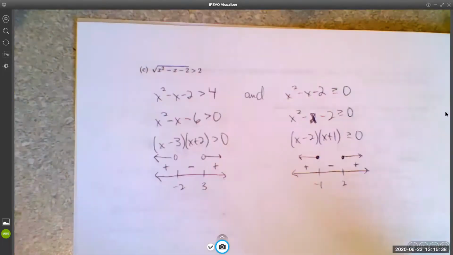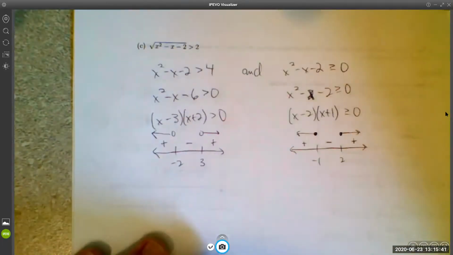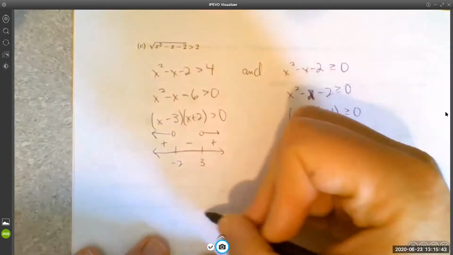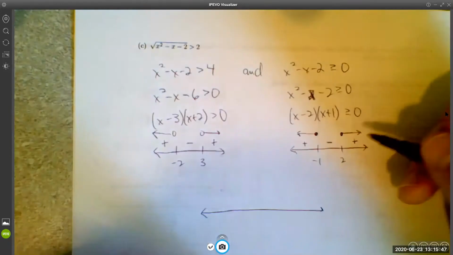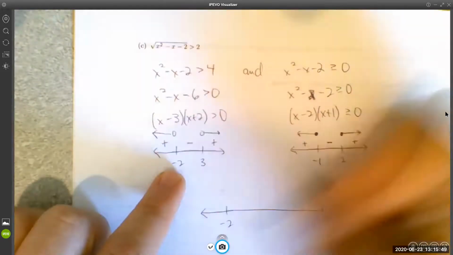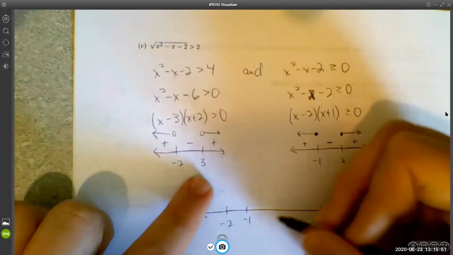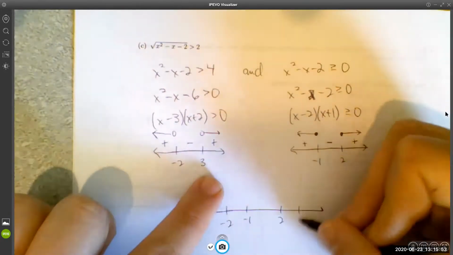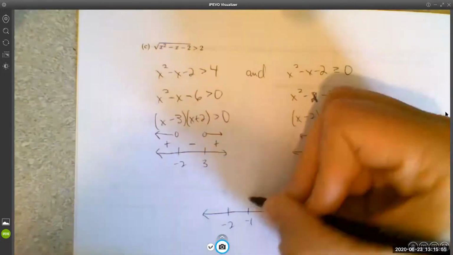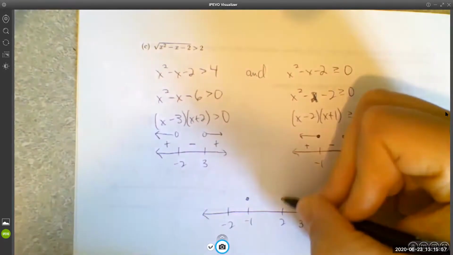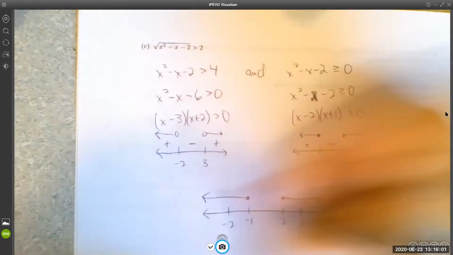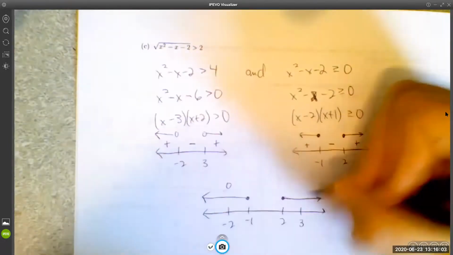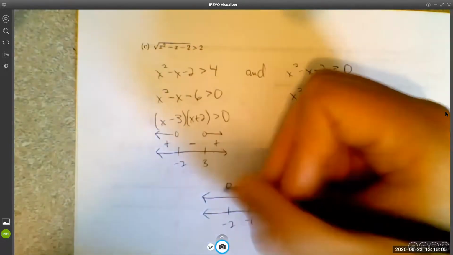Combining those solution sets now, let's see what we get. I'm going to try to put them all on here. I'm going to start with negative 2, and then I have negative 1, and then I have positive 2, and then I have positive 3. And on the one hand, I've got this scenario, and on the other hand, I've got this scenario.